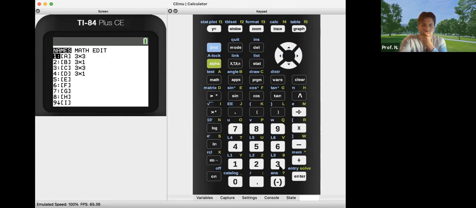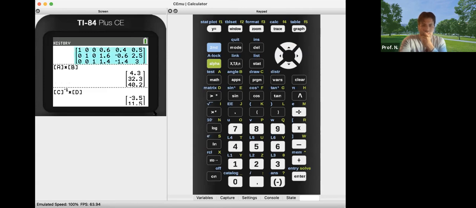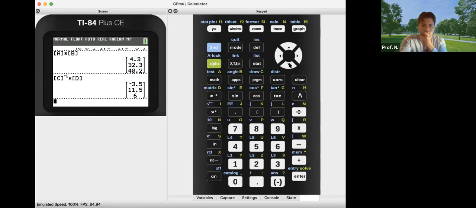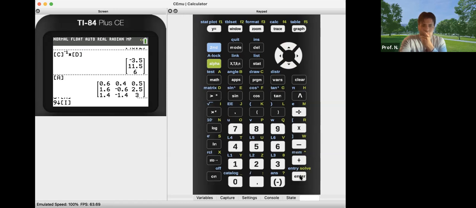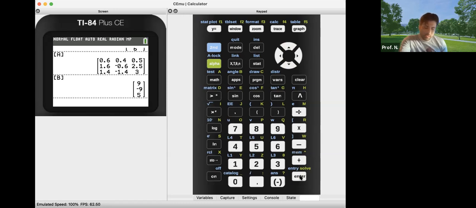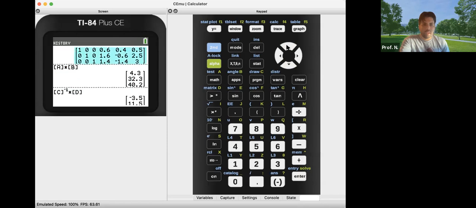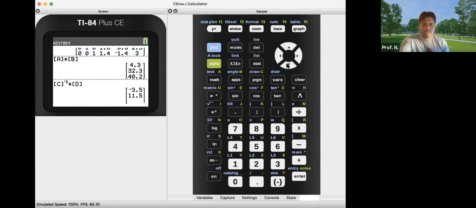Let me just see. What is A again? Just want to make sure that everything is okay. So A is that. And then B is 9, negative 9, 5. And that's what I get, right? When I multiply A by B, I got 4.3. Okay. And then C, what is C?